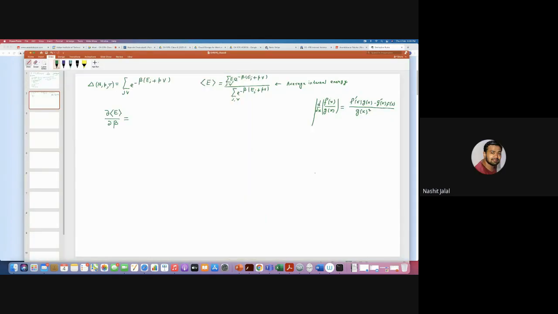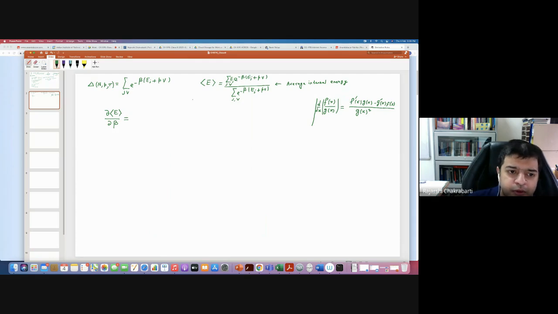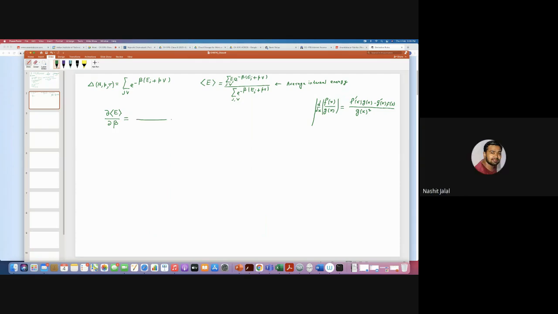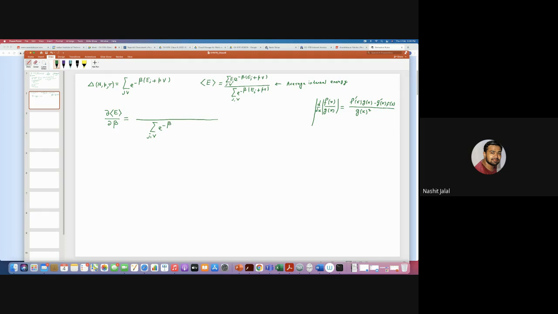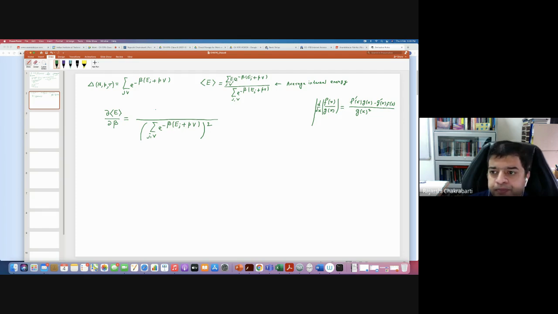Okay. Now, if I do this, what am I going to get? The denominator is going to be the whole square. Fine. What is the first term? Please mute yourself. What is the first term? F prime x. F is the numerator, no? So I have to take a derivative of this with respect to beta.